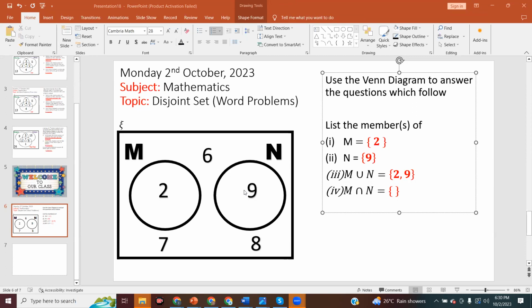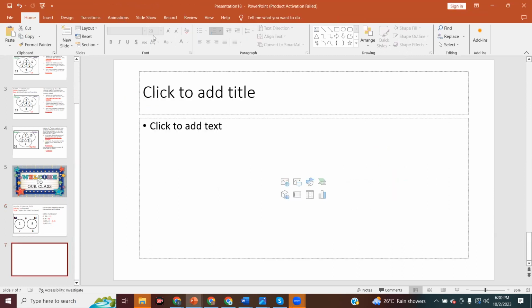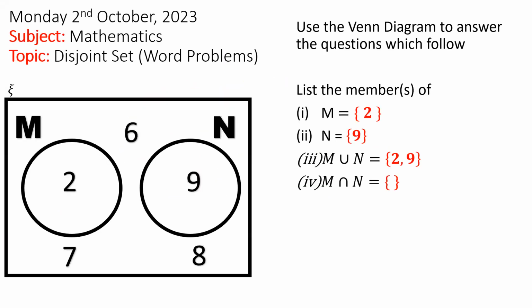If we look at it from here, in order for us to have an intersection, we must have something like this. There has to be overlap, right? Then this is the intersection. But there's nothing overlapping, so it is what we call the null set or the empty set, all right? Good.